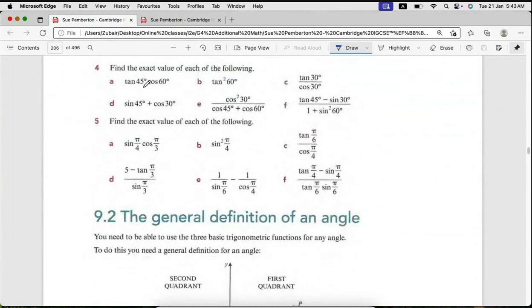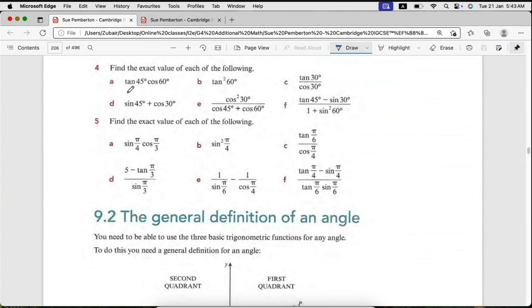Now looking at question 4, you would need to draw two triangles for 45 and 60. Definitely the calculator will also give you the exact value of tan 45 times cos 60, but we need to show the working. If you don't remember them, I can draw the triangles for you.